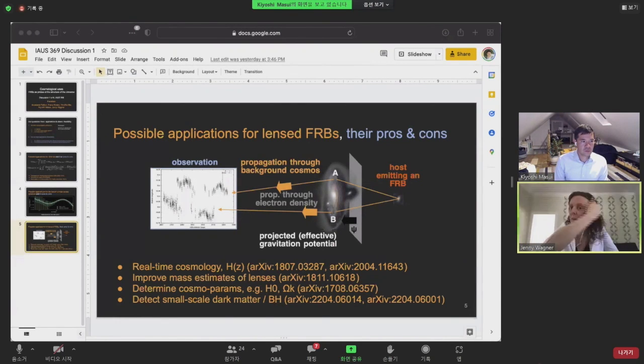You just need to know to which host the FRB belongs. And then you model the host galaxy, you use the host galaxy to model the strong gravitational lens, and you use the time delay from this host in order to get to H0 or to something else, to the mass estimate. So this will give a pretty precise measurement of the gravitational potential?